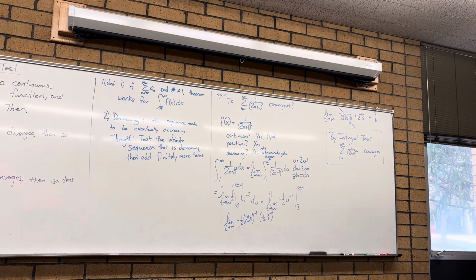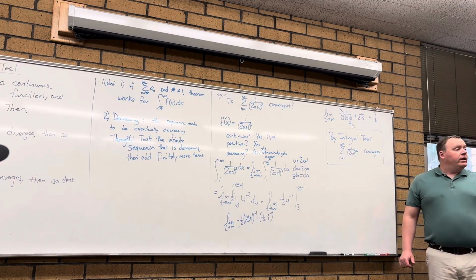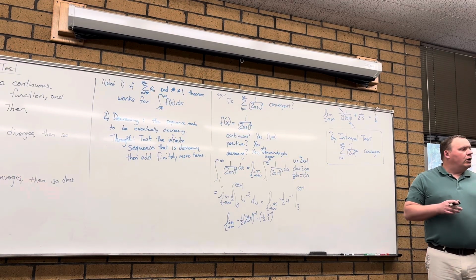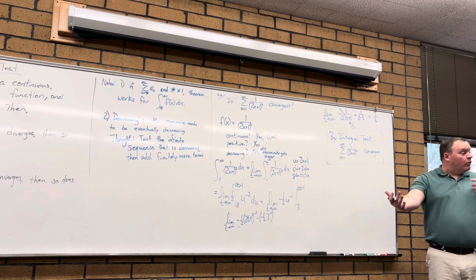I'm going to leave something for you to chew on because I don't think we have enough time today to do it justice. But we need to establish this. Tomorrow we're going to start learning the comparison tests, and so we need some series to compare with.